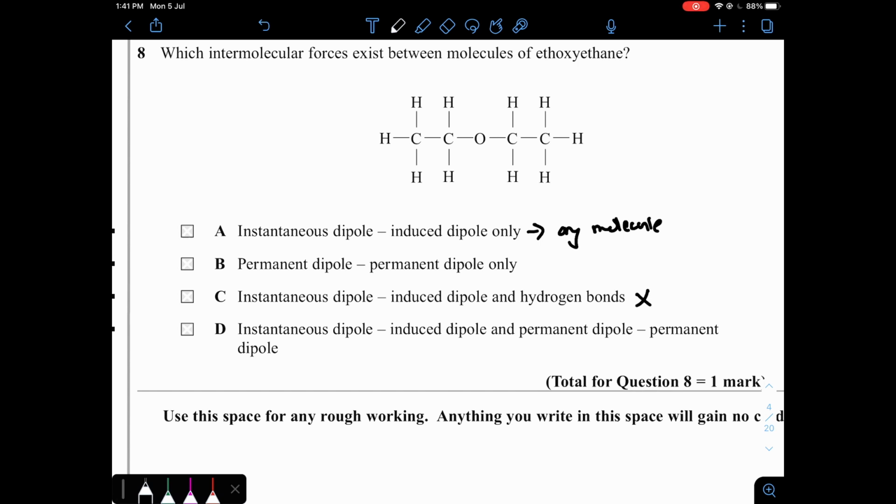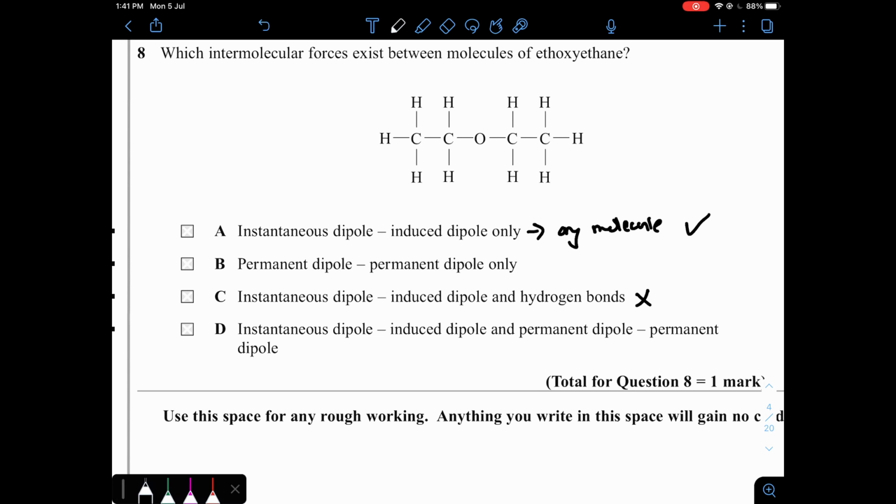Now what other things can we have here? It's important to know that hydrogen bonding is not present here because there's no OH group. Bear that in mind when looking at other molecules and determining which intermolecular forces exist. In this compound, the instantaneous dipole, induced dipole, is present. It's in all molecules, right?